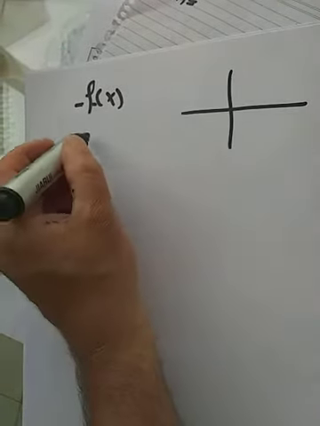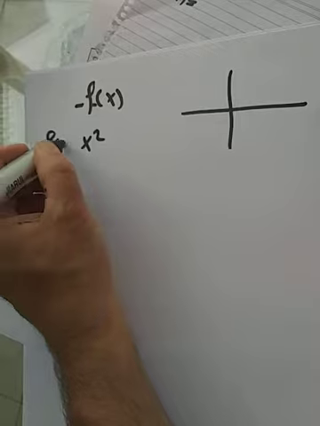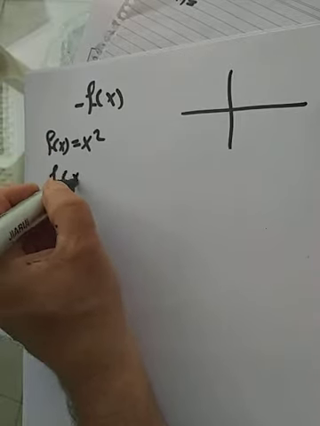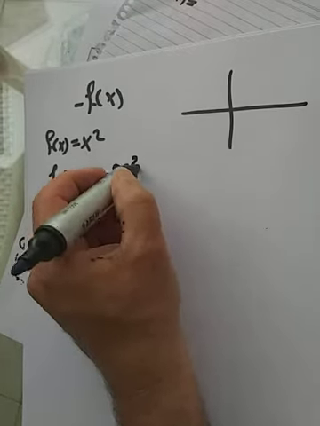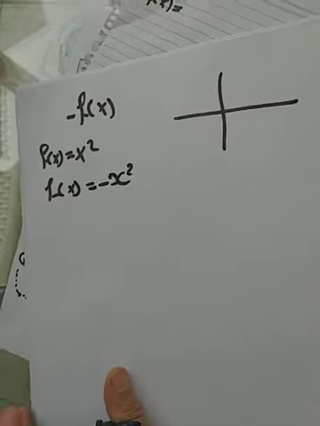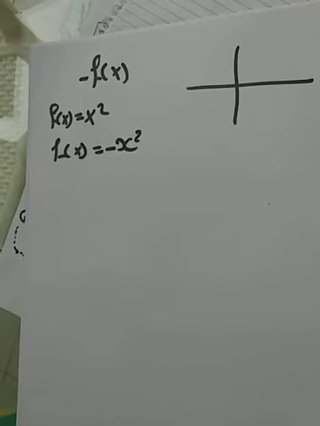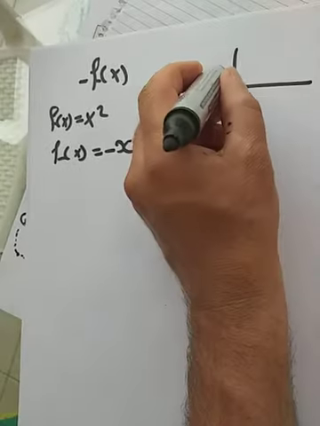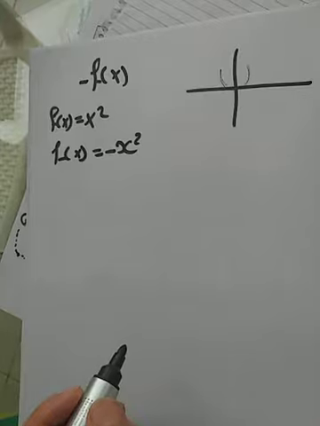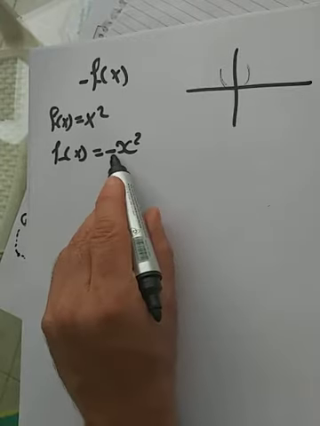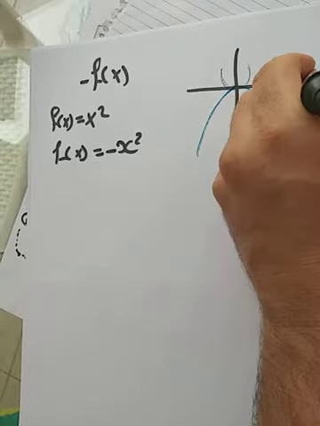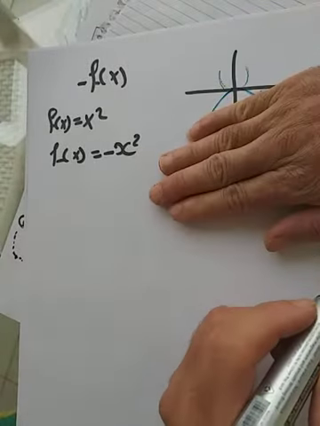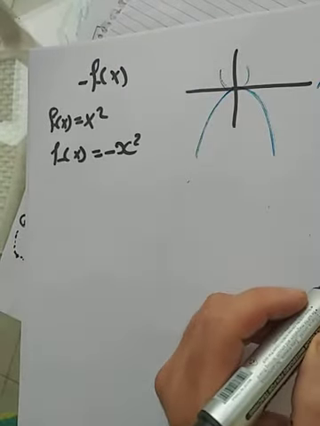If you have x squared, but a minus before this x squared, this is x squared, and this minus makes it go downward. Reflect about the x-axis.